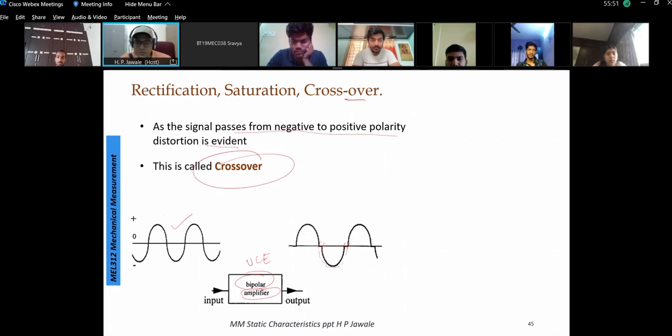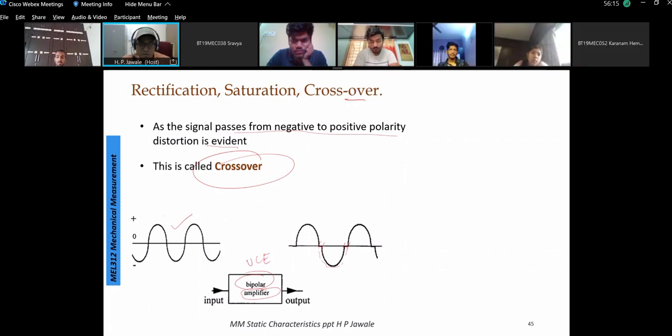Now we'll see a few numericals, or the treatment required for knowing the static characteristics: for example, range, specification of non-linearity, specification of hysteresis. You can correlate this with the things we are studying in the practicals. What was asked there was to find accuracy and precision.